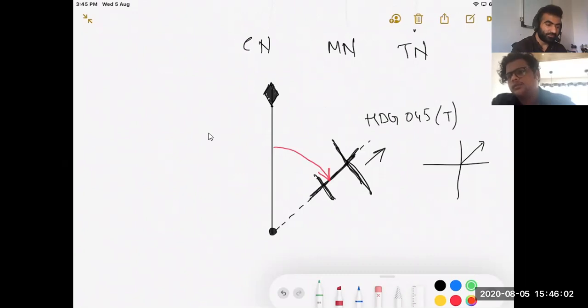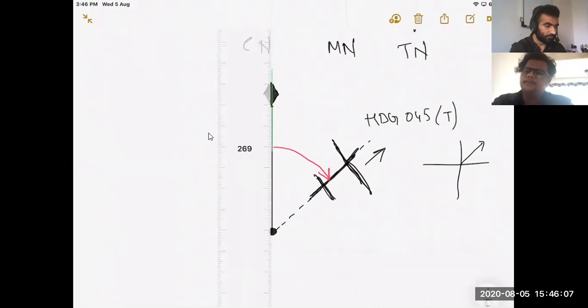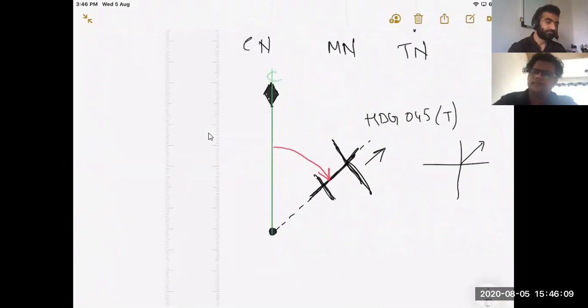So let's make compass north in green, like this. Coincident. Why? Because your compass heading should also be 45 degrees, clockwise from compass north.